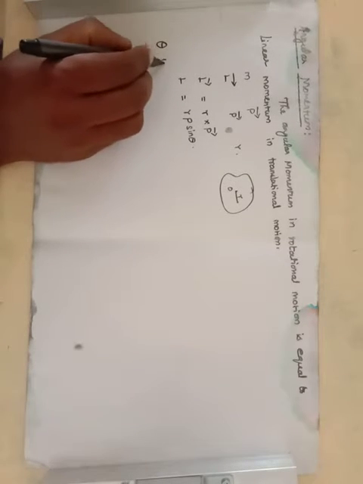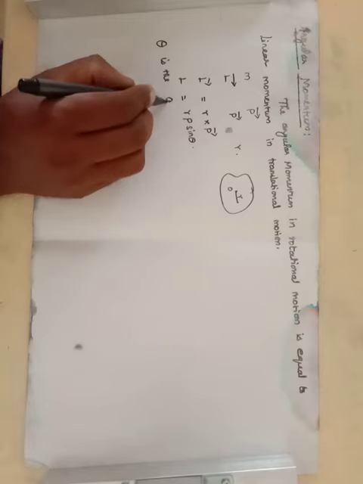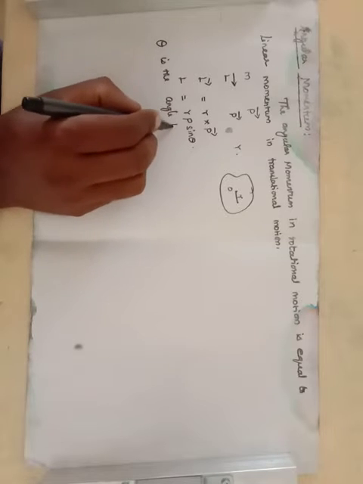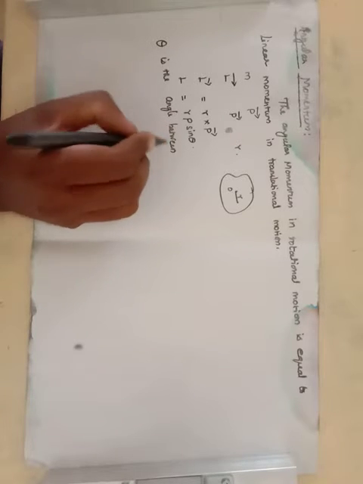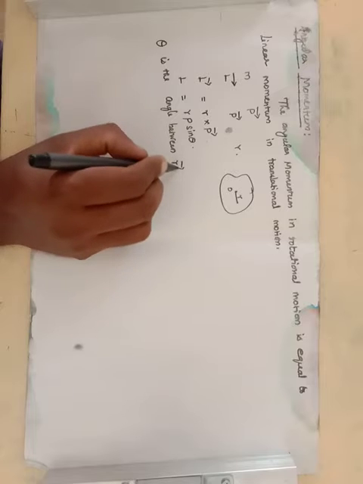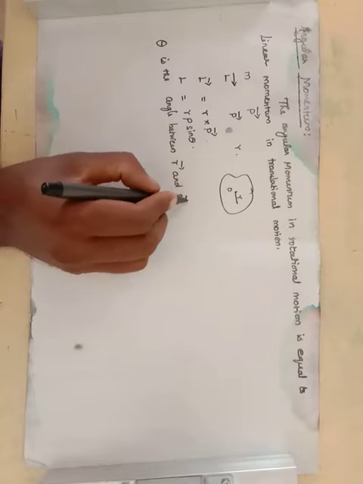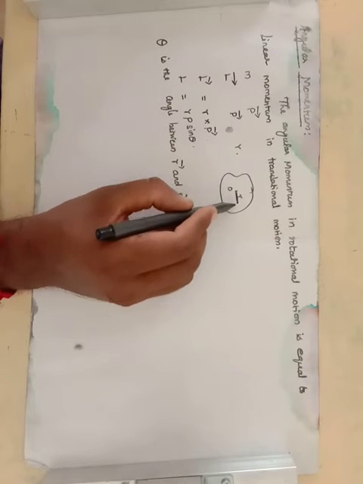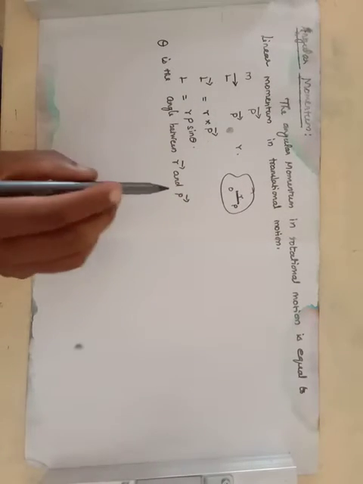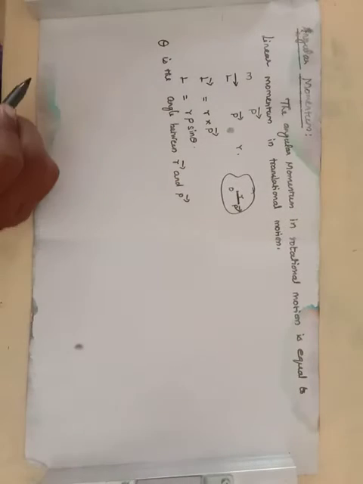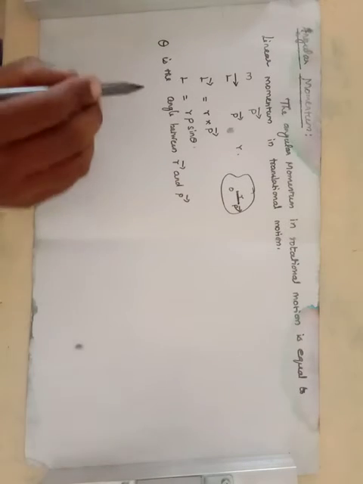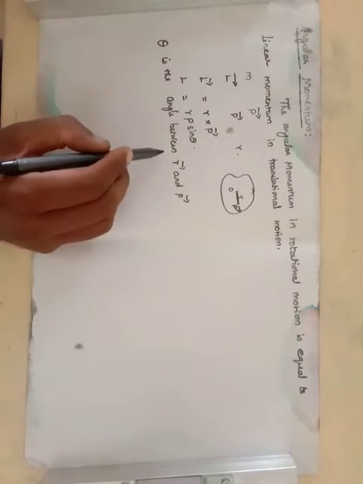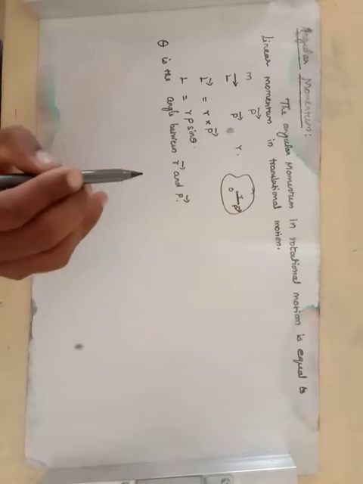Here theta is the angle between r vector and p vector. The r vector is the position, and the p vector is the linear momentum of the point mass. So theta is the angle between the r vector and the p vector.